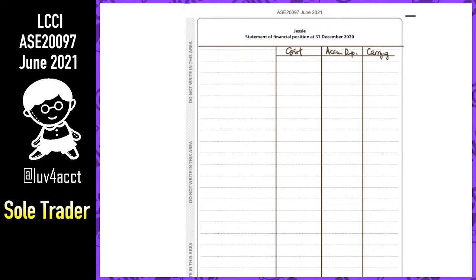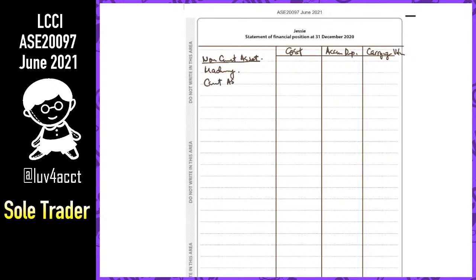Also, because you have non-current liabilities, it would be nice to have 3 columns as well. So non-current asset. Is it machinery? Yes, I think so. So machinery. You have only 1, so no total needed.